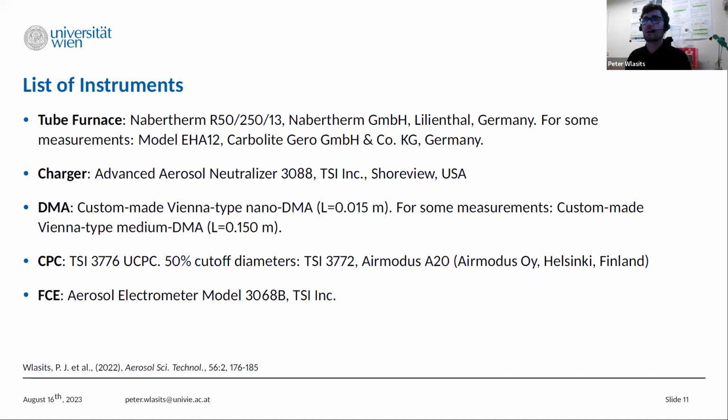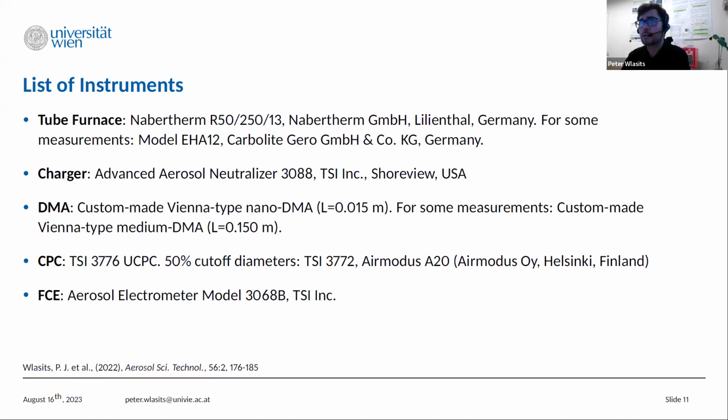For those of you who are working with that kind of instrumentation, I put the full list of instruments here, so you can know which models we used. We used two kinds of tube furnace. The main tube furnace was the Nabertherm furnace mentioned here, and the second one was a Carbolite tube furnace. As a charger, we used an advanced aerosol neutralizer 3088 manufactured by TSI.